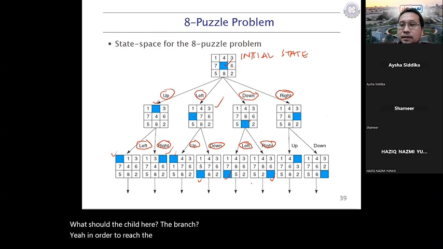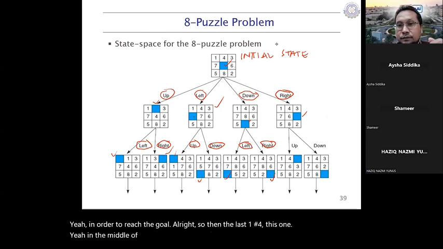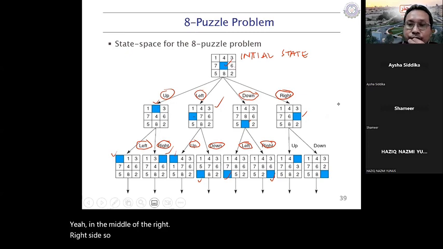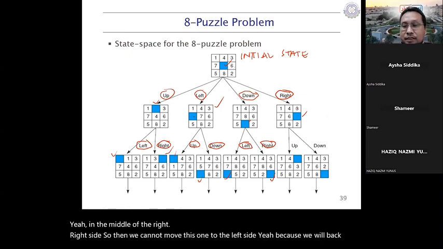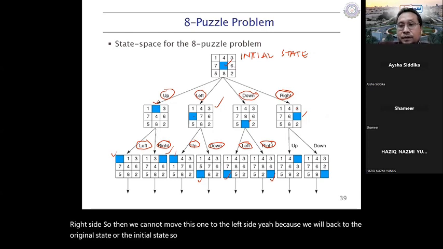All right, the last one is number 4, in the middle of the right side. We cannot move this one to the left side, because we will go back to the original, or initial, state. So we have the possibility only to move up or move down.